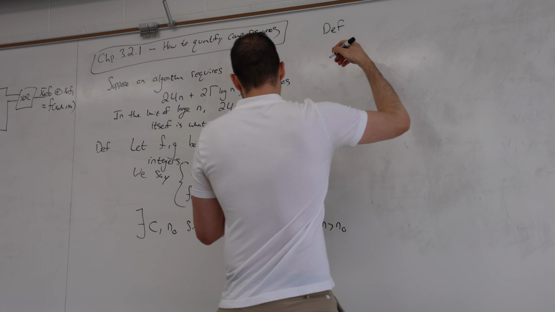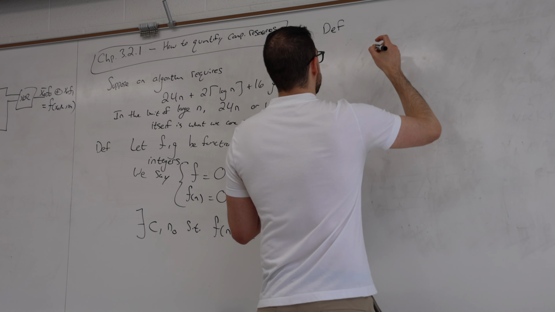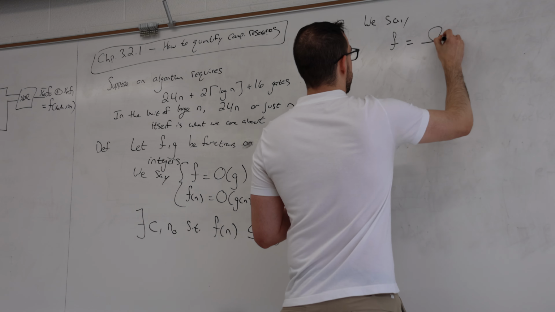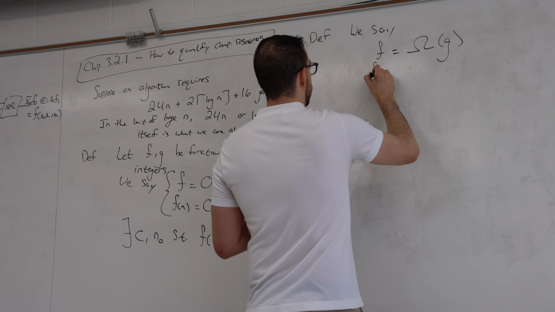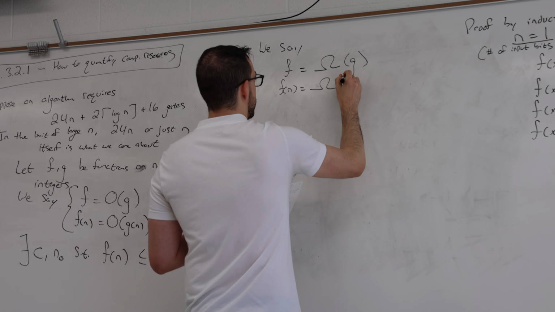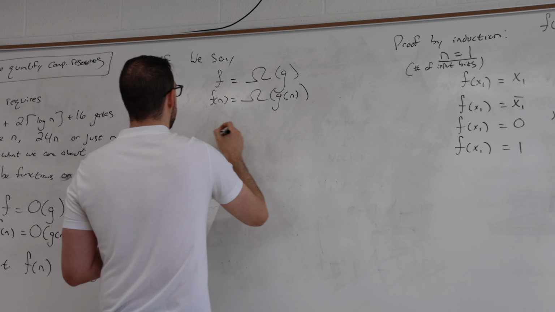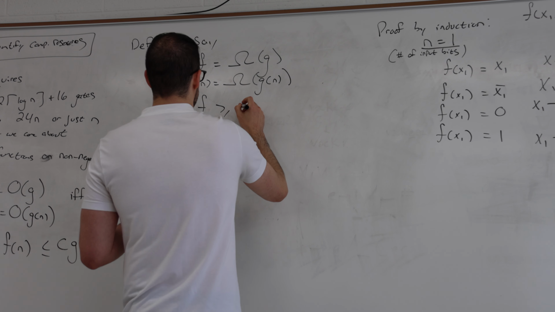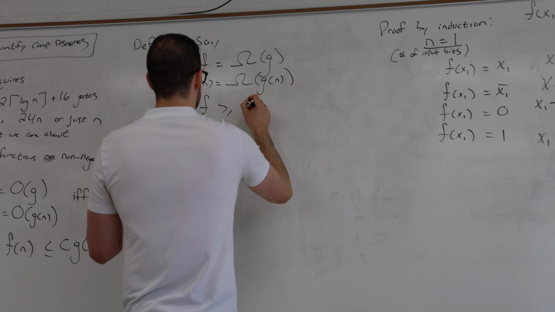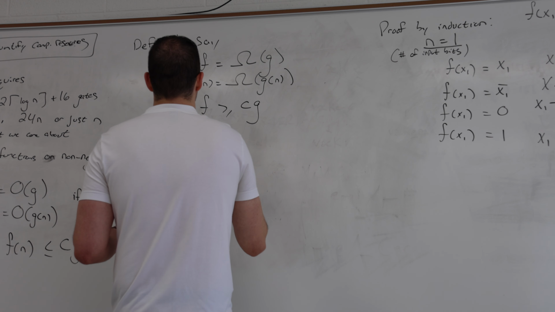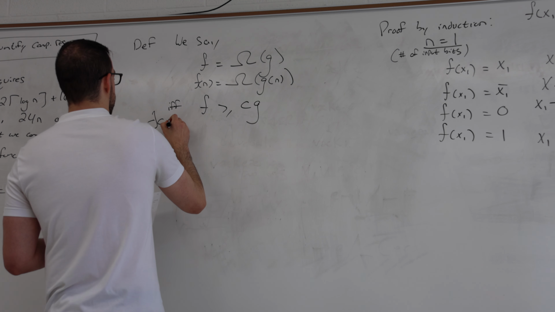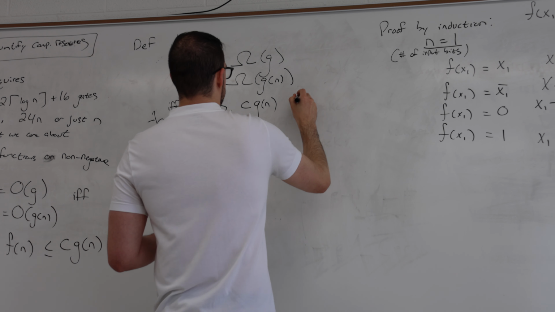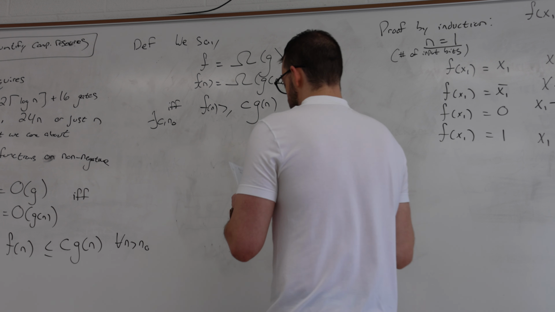Given the same two functions under the same conditions, we say f is big omega of g, or again, f of n is big omega of g of n, if and only if f is greater than or equal to some c times g. So if there exists some c and n0 such that this is true for all n greater than n0.